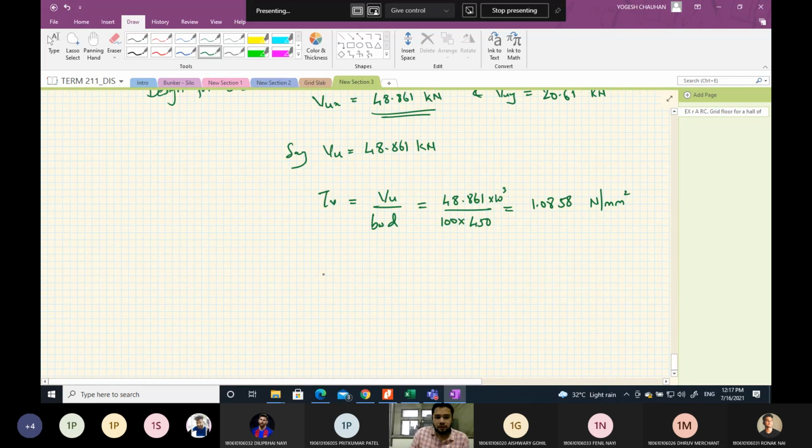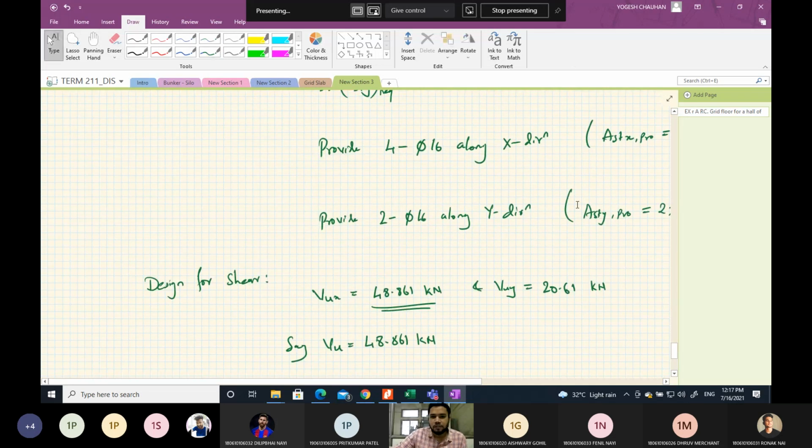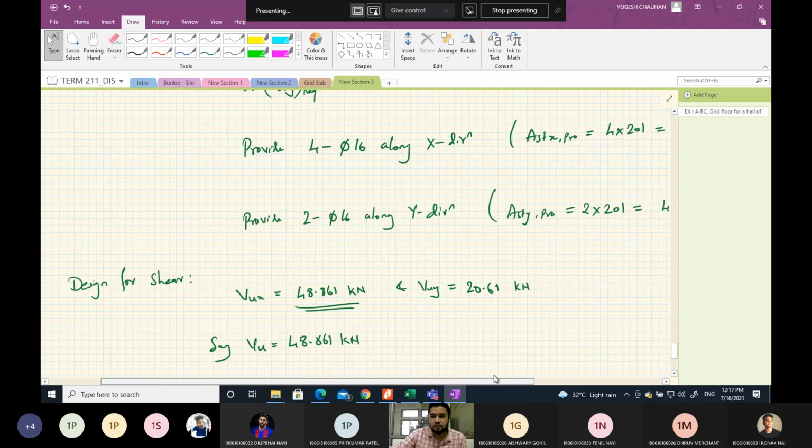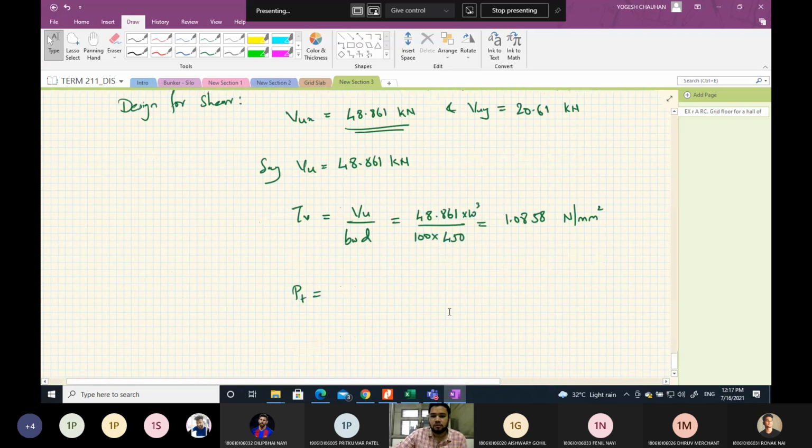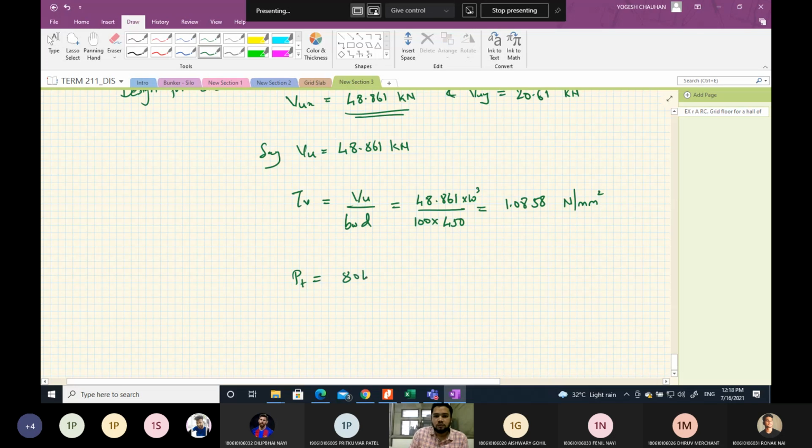So now we find PT, percentage of steel. So percentage of steel provided is, we have provided 4 bars in x direction, that is 804 divided by Bw into D, that is 100 into 450, multiplied by 100.